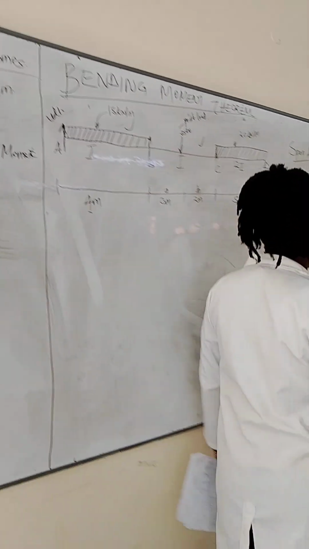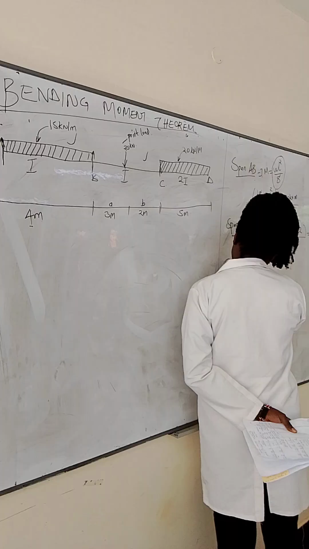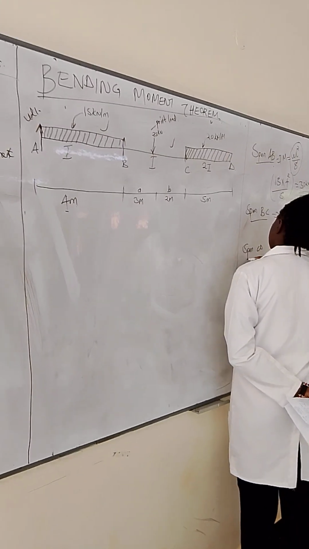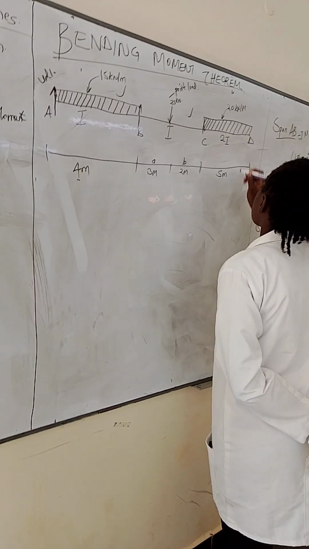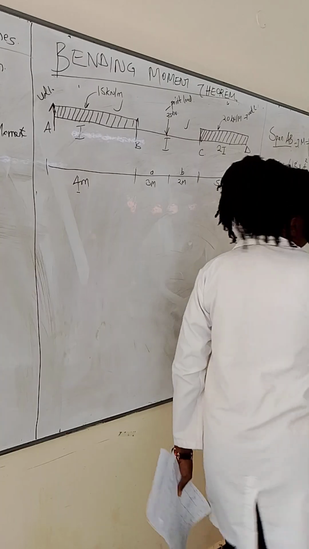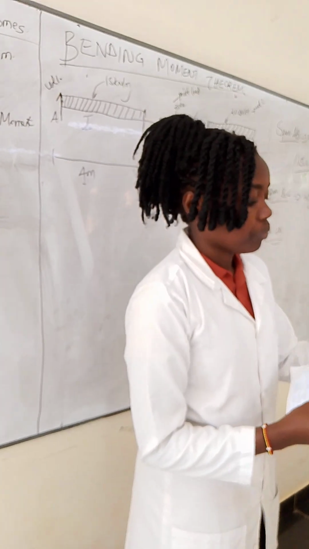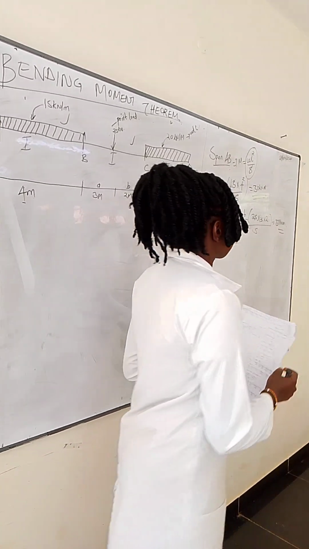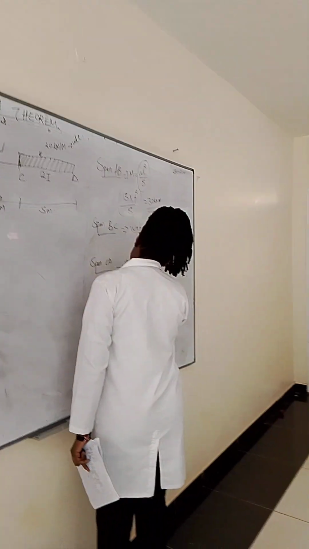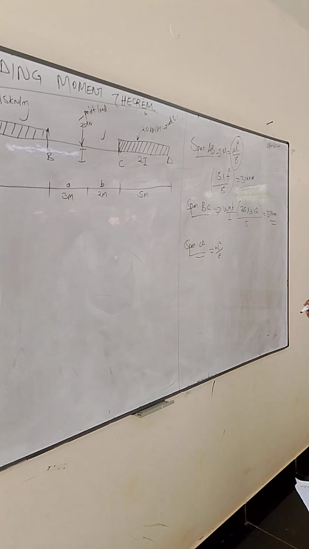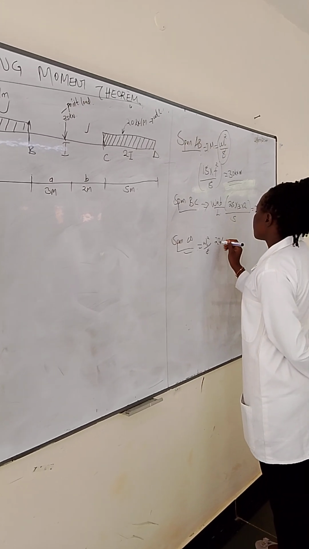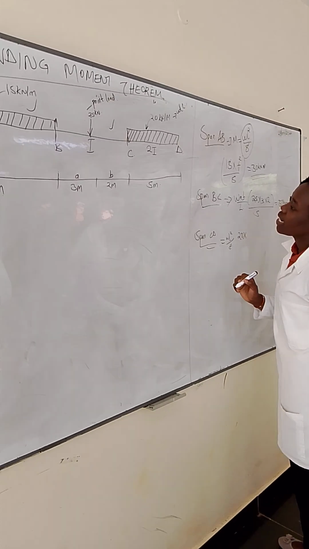Next we are going to span CD. And this one we also have a UDL here. And what did you say is the formula? This is equal to wL squared over 8. And then you take 20, you multiply by what is our length?